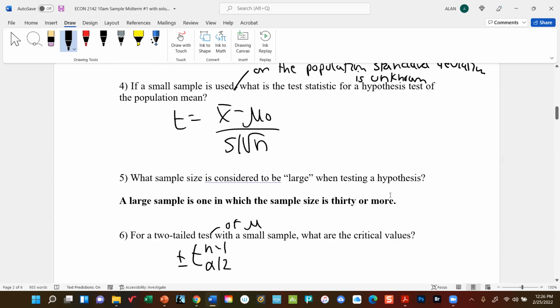6, same thing. For a two-tailed test of a single population mean, let's change that: small sample or the population standard deviation is unknown.